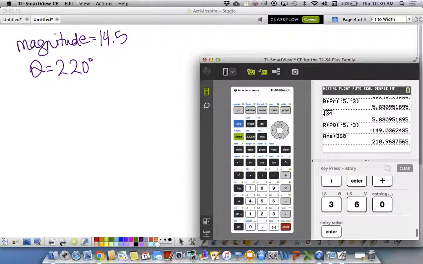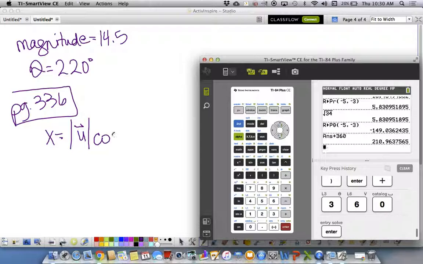On page 336, there's another wonderful green box that says the horizontal and vertical components of a vector u having a magnitude of u and direction of angle theta are given by, they still use a's and b's, x equals the magnitude of u times cosine of theta.